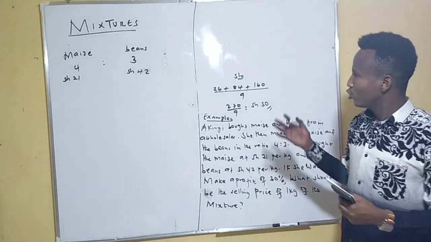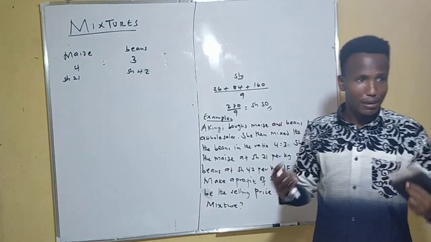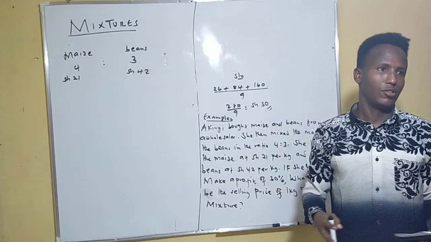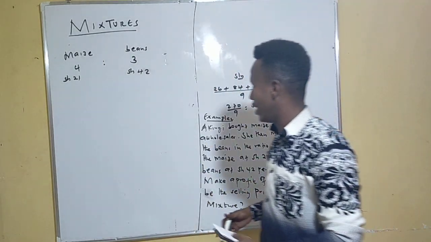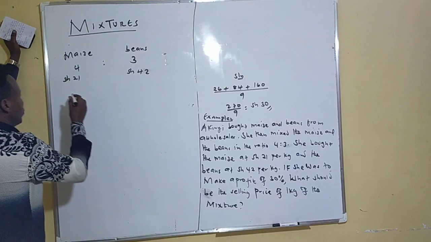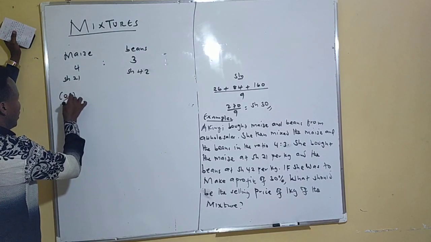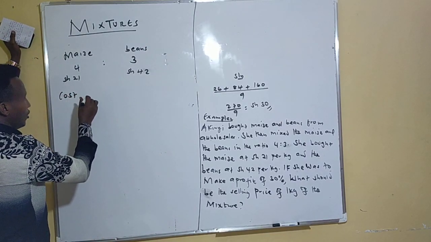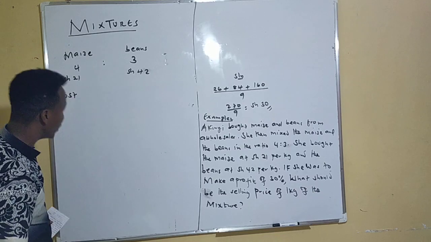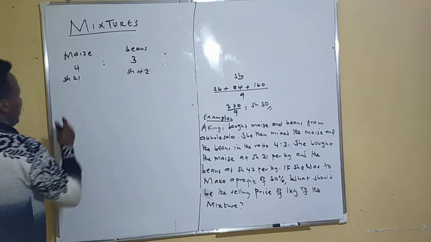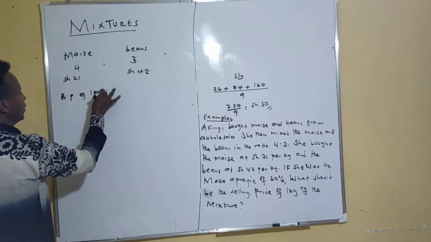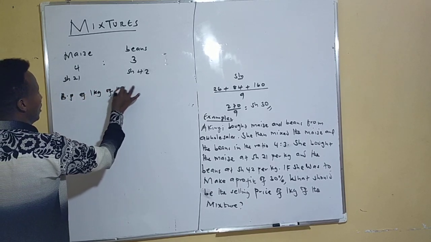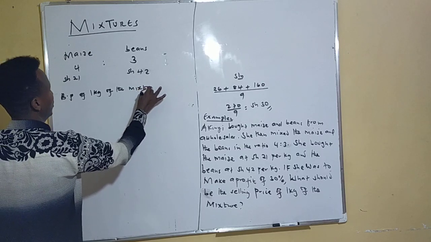So it is compulsory that you get the buying price or the cost price of 1 kg of the mixture before you look for the selling price.